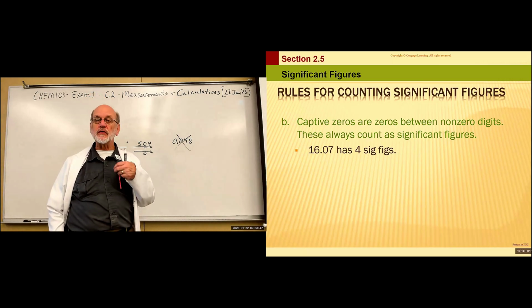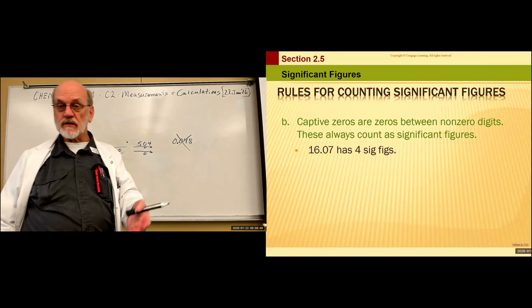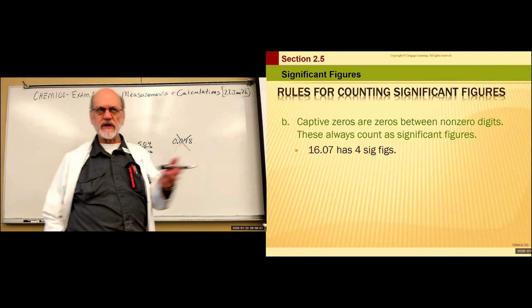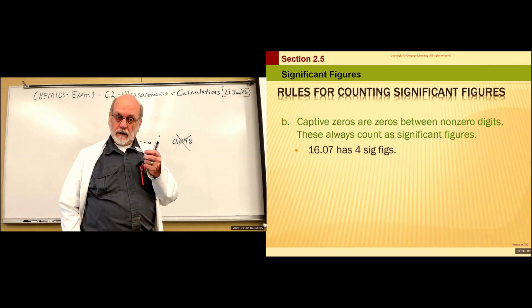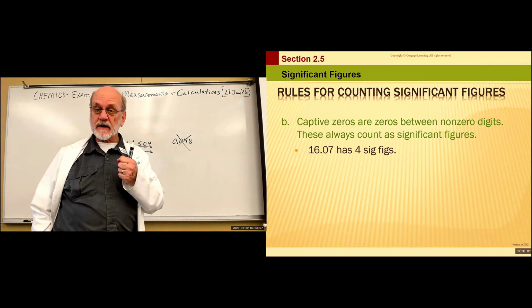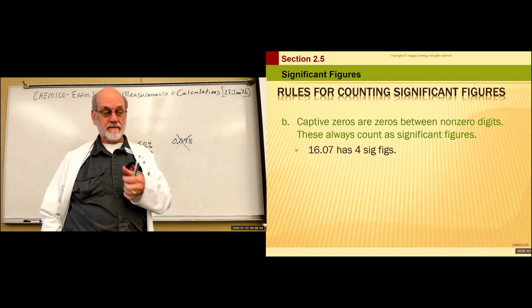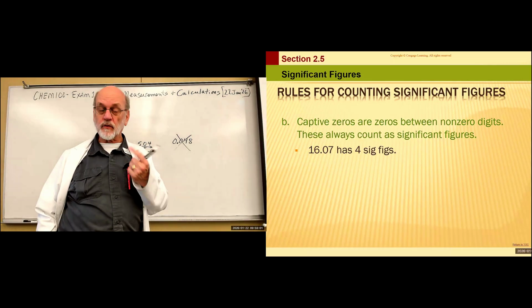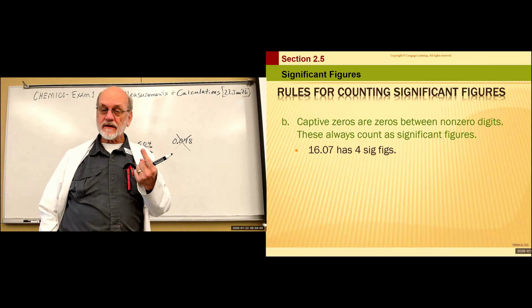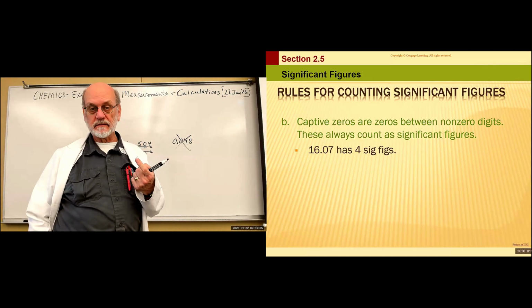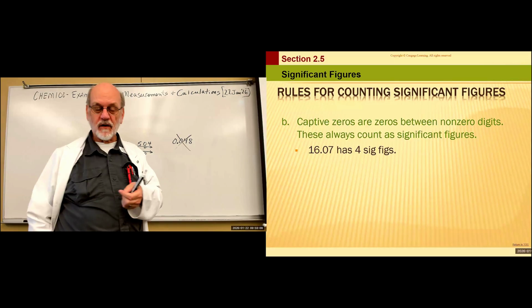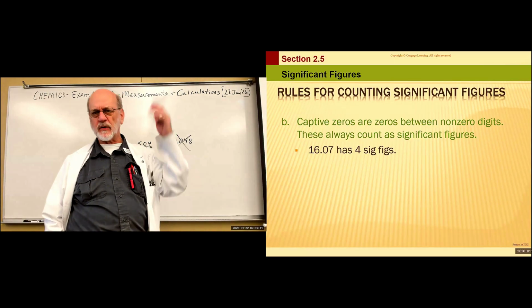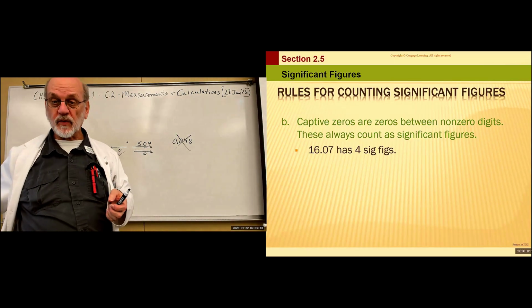It's between 2 significant non-zero numbers. That's redundant. Non-zero numbers are always significant. But that 0 is significant for at least one reason. Without it, we don't have the same number, right? It would be like 16.7 or 1.67, or take your pick. It wouldn't be 16.07.